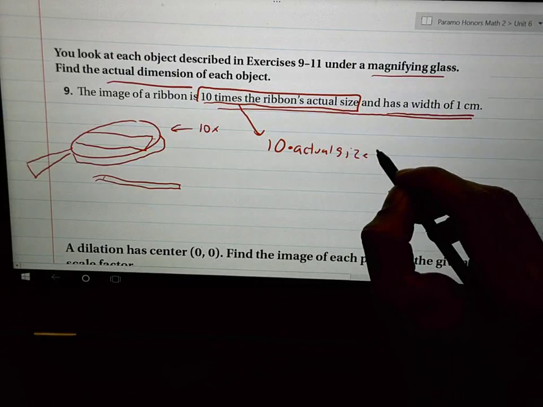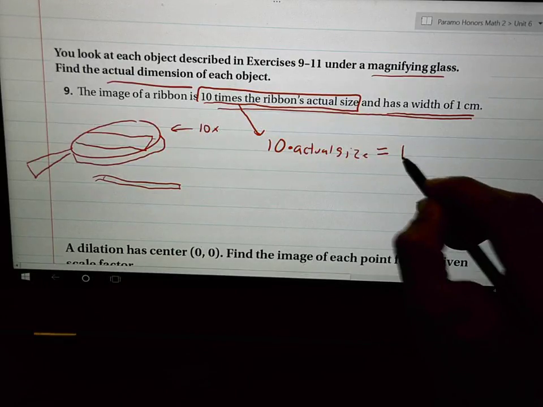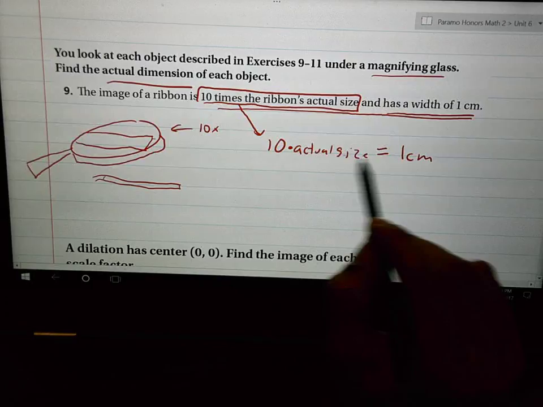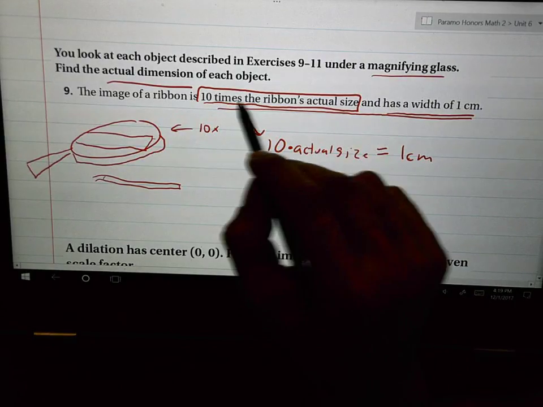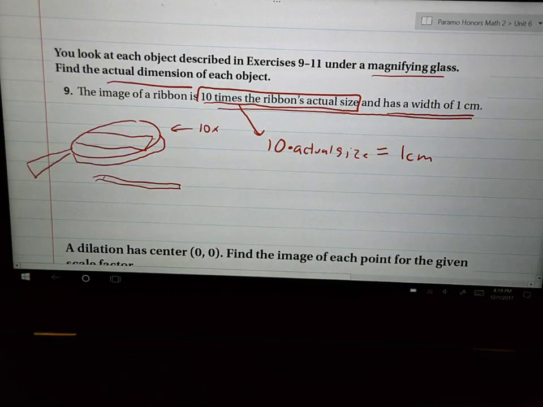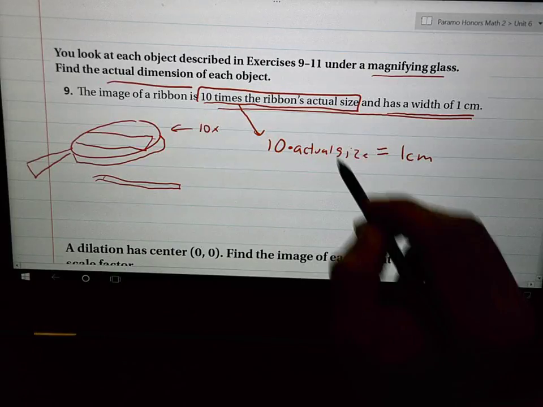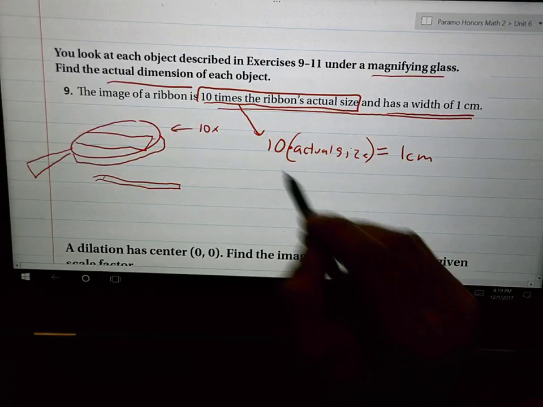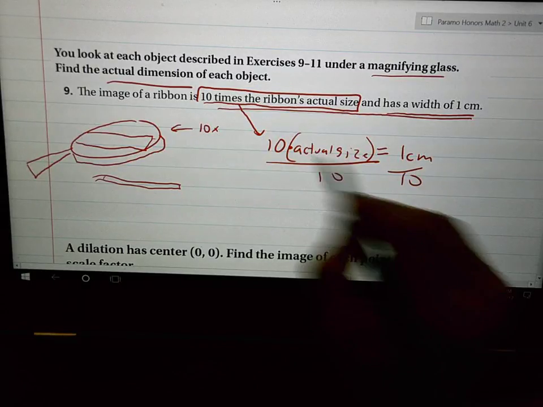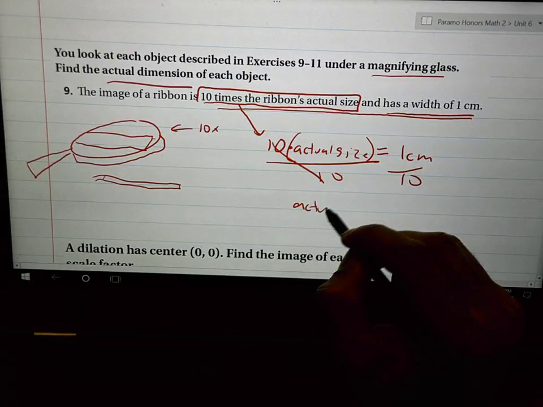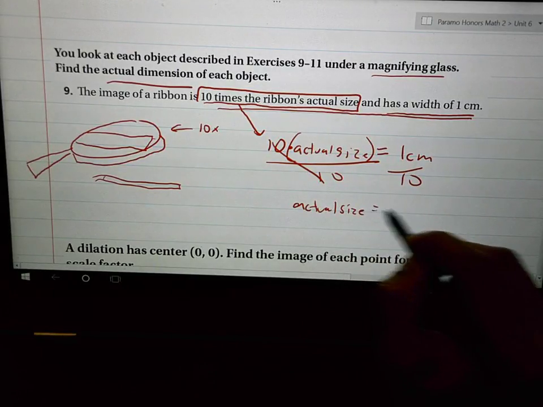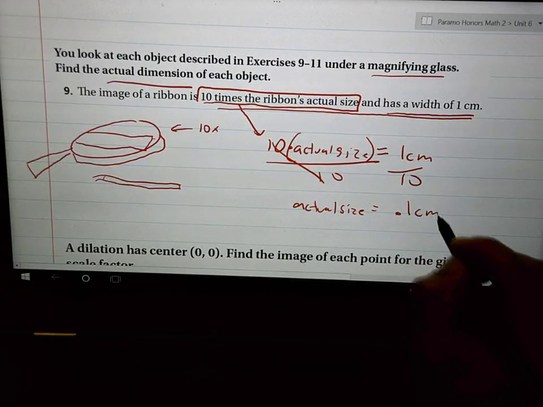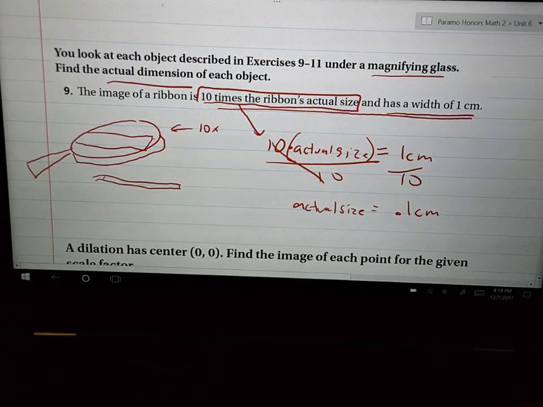So equals 1 centimeter. So what we have is 10 times actual size equals 1 centimeter, just based off of this sentence. If we want to find this actual size, then what I do is I divide by 10 and I divide by 10 and I get actual size is 1 centimeter divided by 10 is 0.1 centimeters.